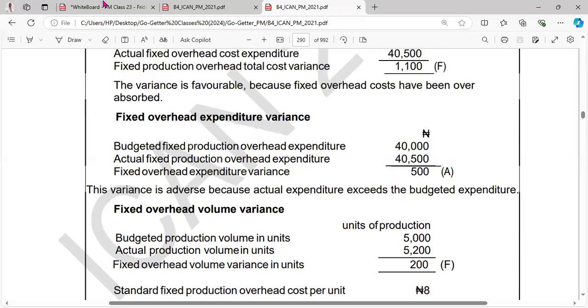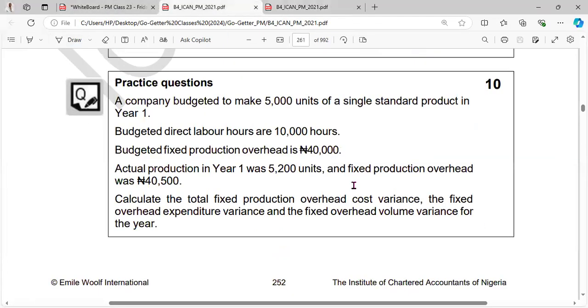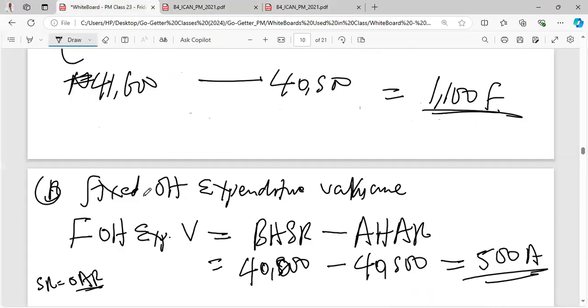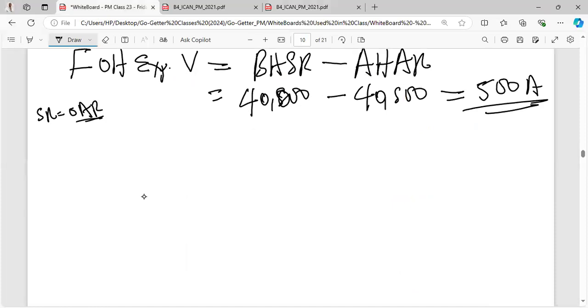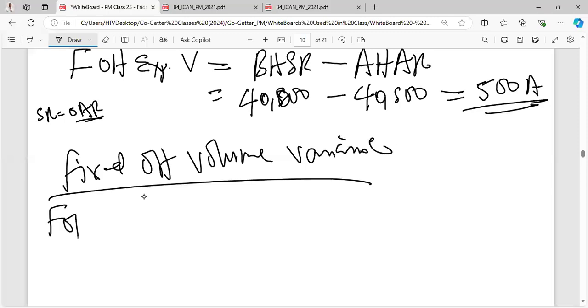Now the next one they ask us to do is volume variance. Let's see if we can use that method. Fixed overhead volume variance.